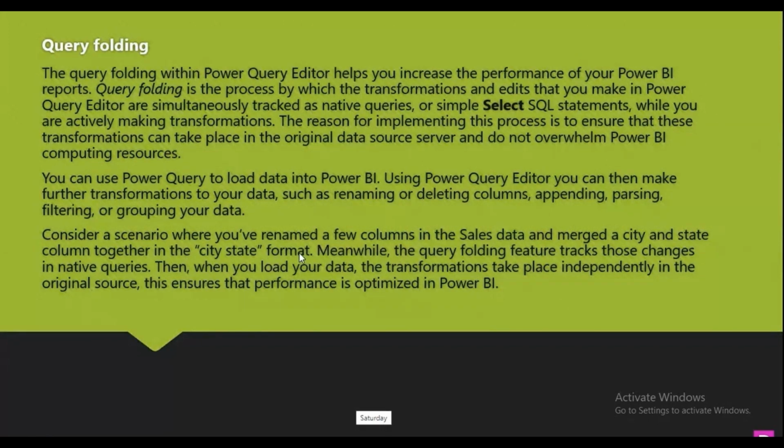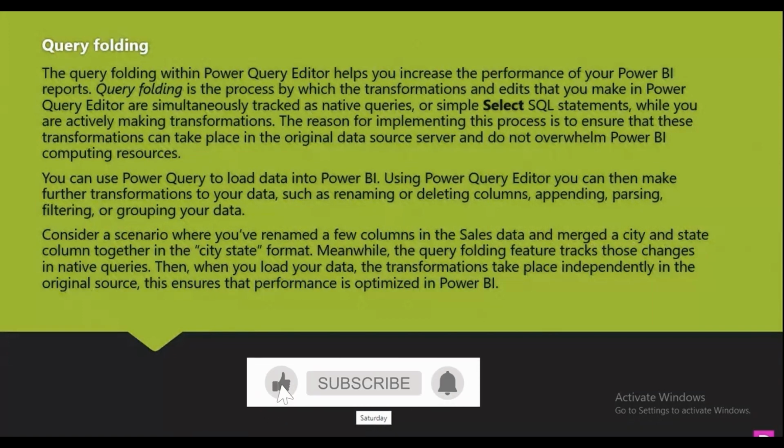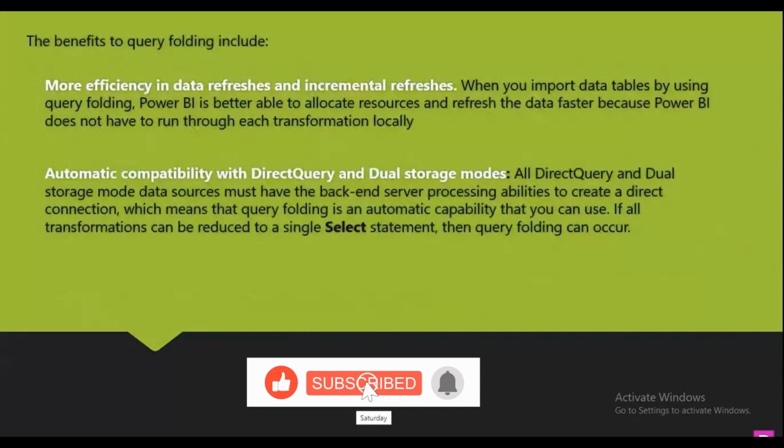We have a scenario where we need to merge two columns of the sales data set, city and state, into a single column, city state. Instead of merging it in Power Query Editor, if we can get it merged from the source itself, then it will definitely be very helpful. That's the exact meaning of query folding.